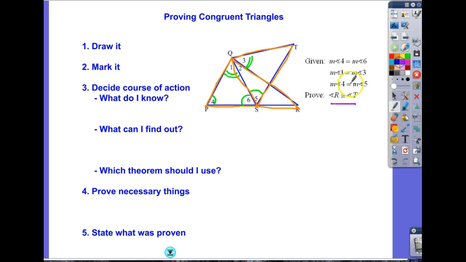I'll do that in a different color. We have those two triangles being congruent, and by that we could say, okay, well then these have to be congruent. Okay? So now that I've got a bunch of crazy drawings on there, let's try it.